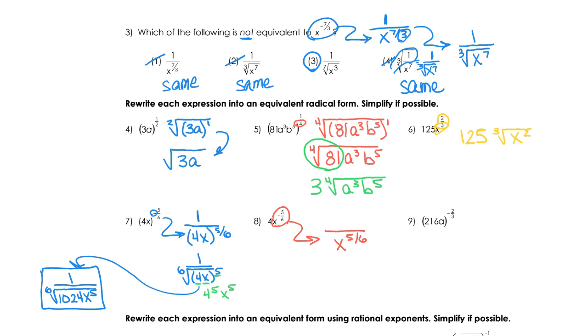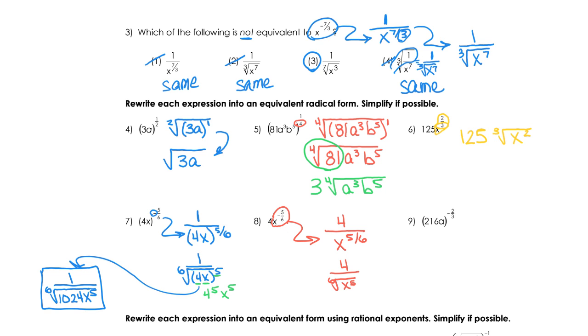But the 4 is not grouped in the parentheses, raised to a negative exponent, so he's allowed to stay upstairs. So we don't need a 1 on top. We have the 4 to hold him down there. And then we're going to go ahead and rewrite that fractional exponent. So we're going to keep the 4 on top, and then on the bottom, we're going to have a radical. We're going to have x underneath there. 6 is going to go in the crack, and 5 is going to stay on the x. And you can see the difference between our two answers.